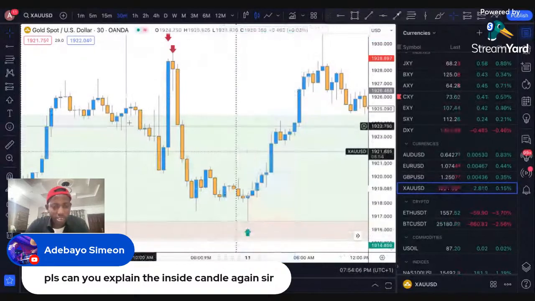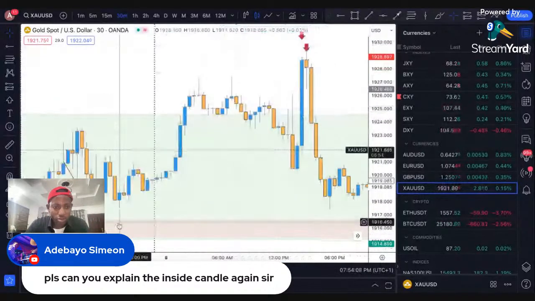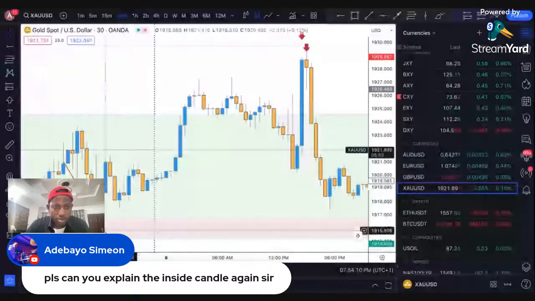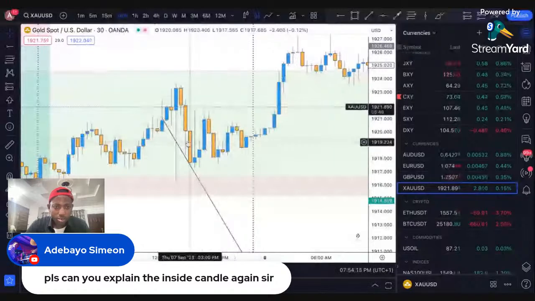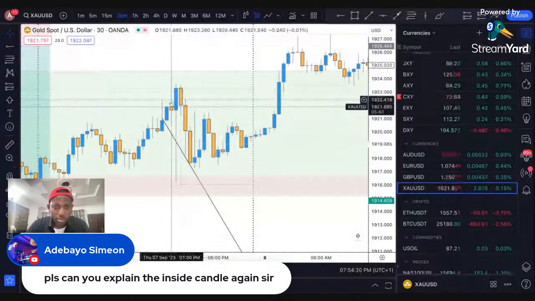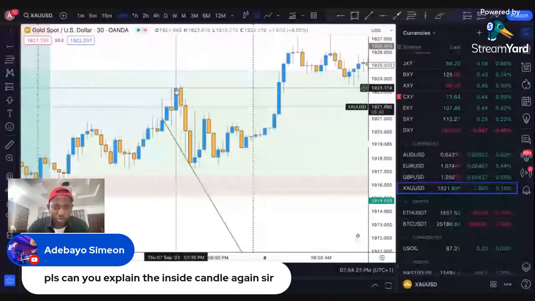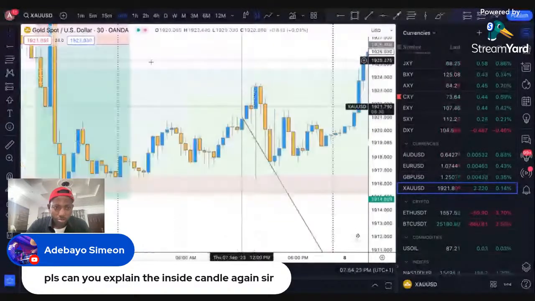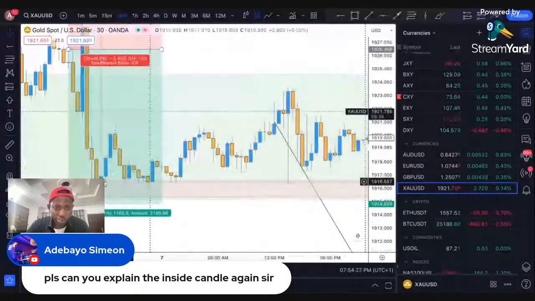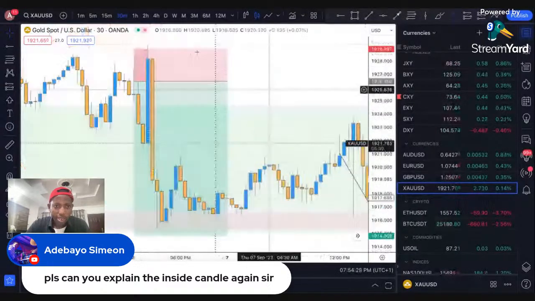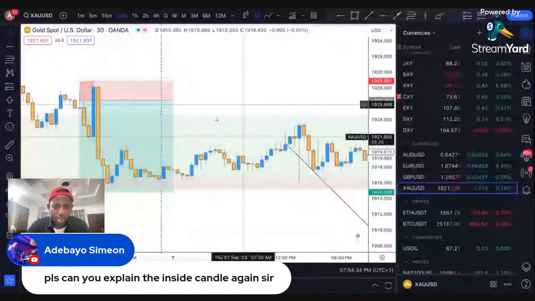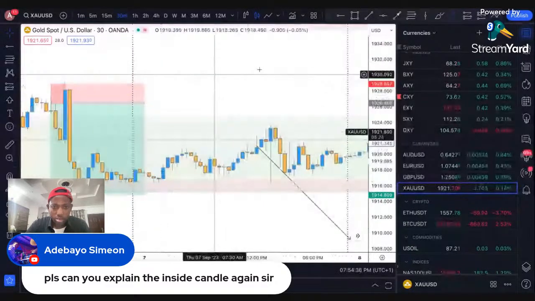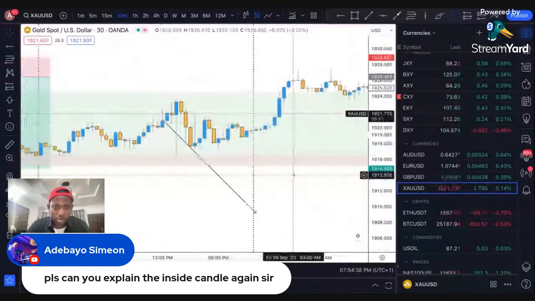So let's look at other examples of inside candles. This is another one I'm seeing here. See, big body followed by a smaller bearish candle. Big body followed by a small bullish candle. And then you can see some examples of engulfing.